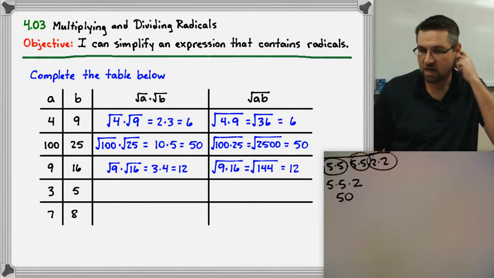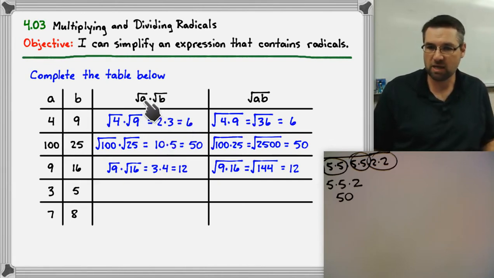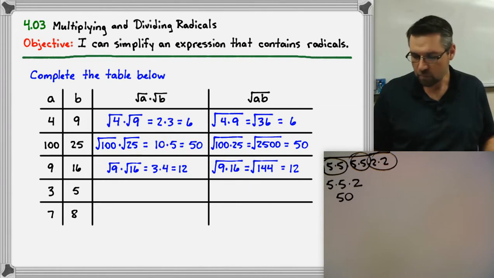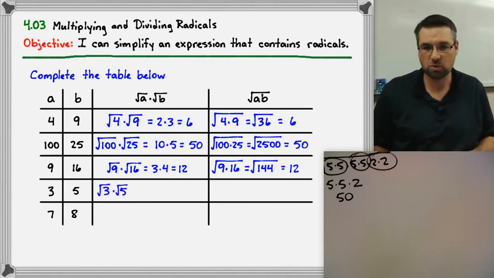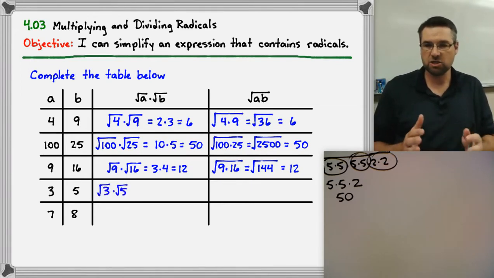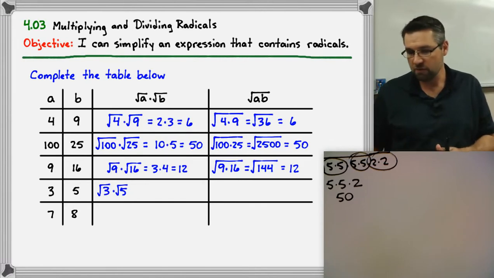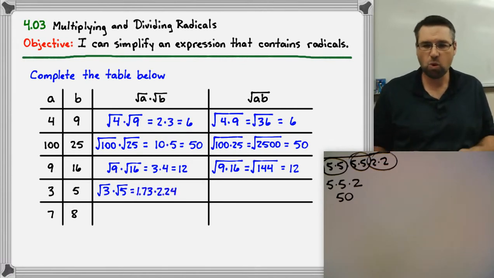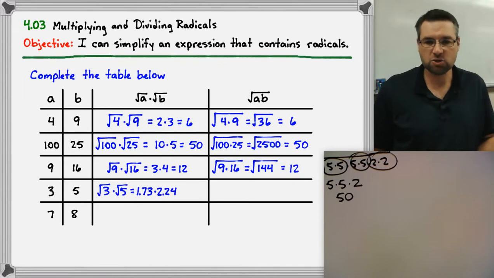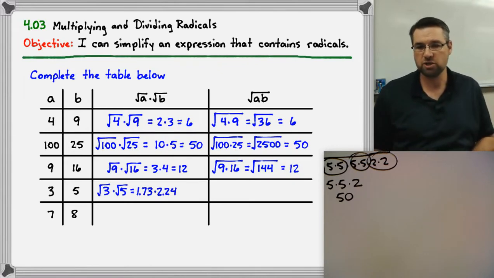So far we see, at least when we have nice clean square roots, the result of square rooting each separately and then multiplying is the same as multiplying the numbers together and then square rooting. Well, for the next one, if I were to plug in the 3 and the 5 into each individual square root, the square root of 3 is approximately 1.73, and the square root of 5 is approximately 2.24.